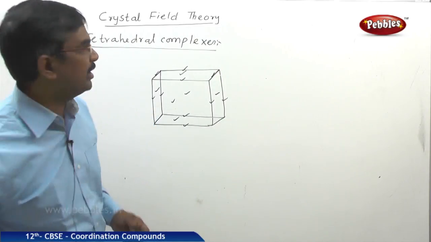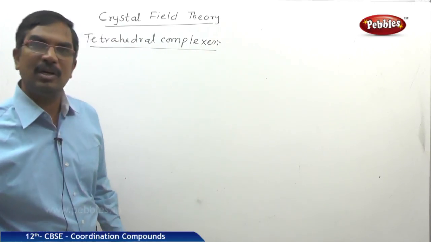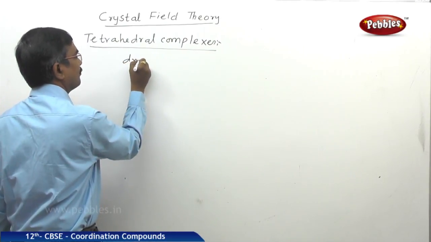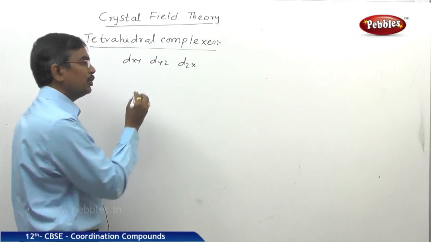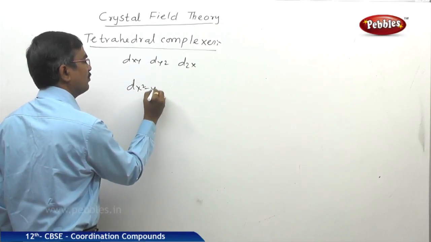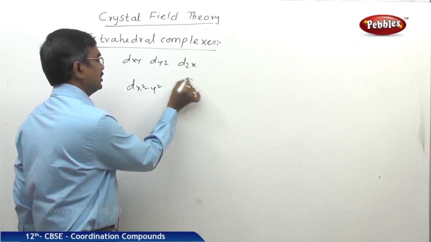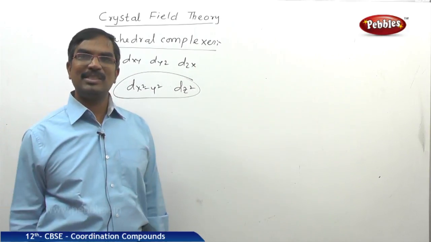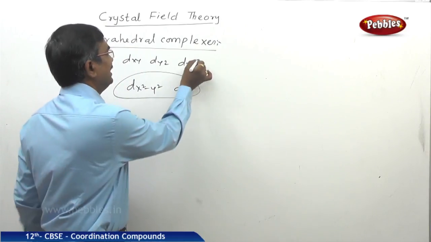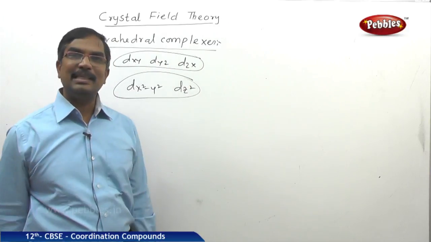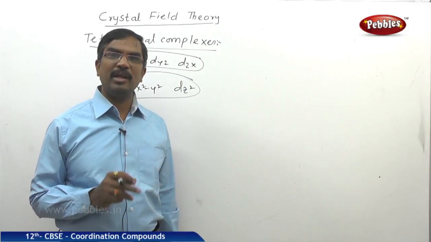So the final conclusion: the T2G set has 3 orbitals, dxy, dyz, dzx, and the remaining 2, dx square minus y square and dz square. These 2 will point towards the face centers, and these 3 will point toward the center of each edge.